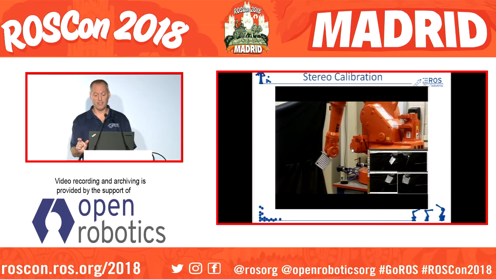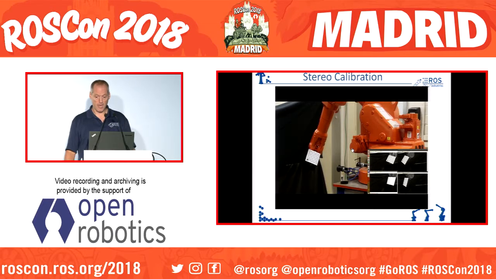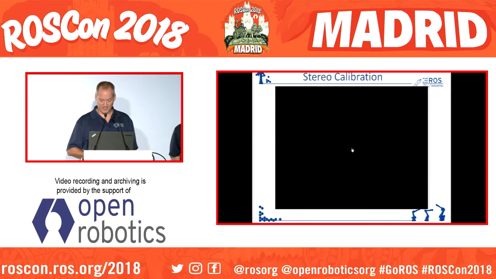And what we're computing is just the transform between the two cameras, and then we're using the forward kinematics to the target, roughly, and computing also the transform to the target as well in this calibration. And it's not very interesting. You just see a bunch of pictures being taken, but the idea is that this is a single node. It's dedicated just for doing stereo calibration.